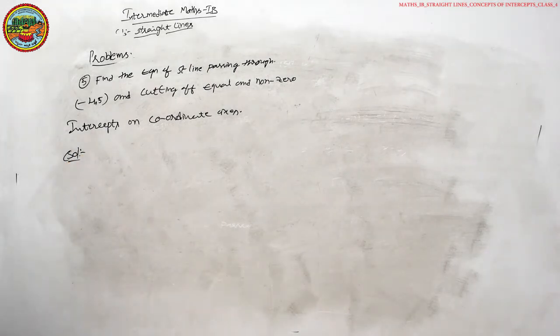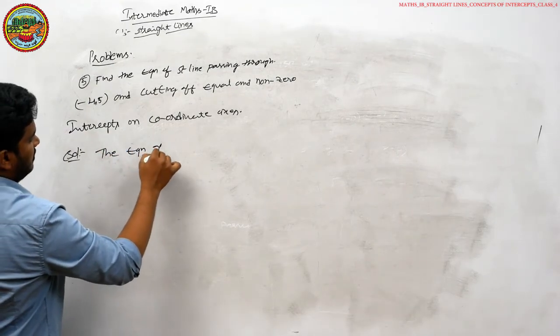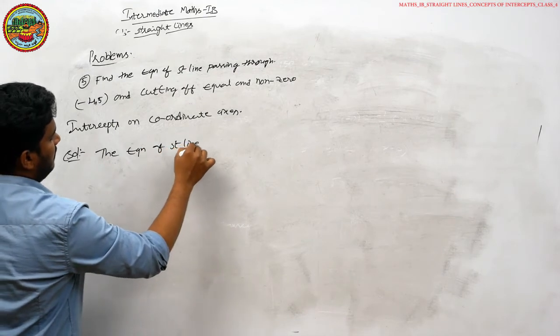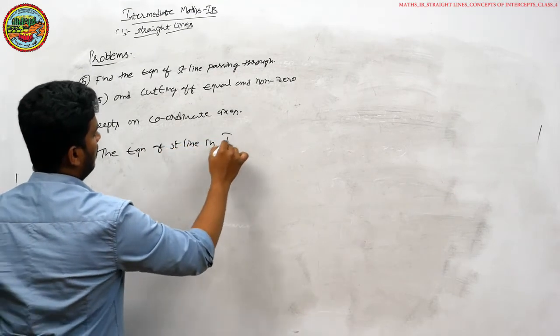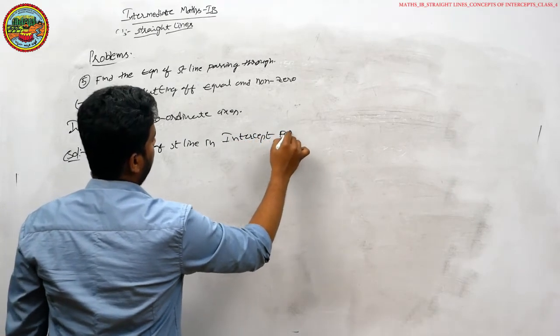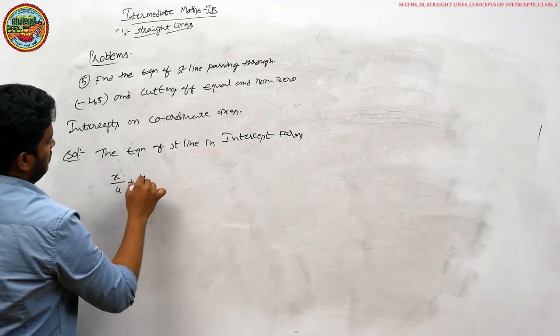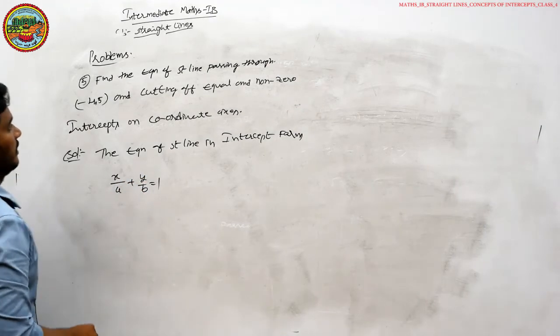So the equation of a straight line in intercept form is given by x by a plus y by b is equal to 1.